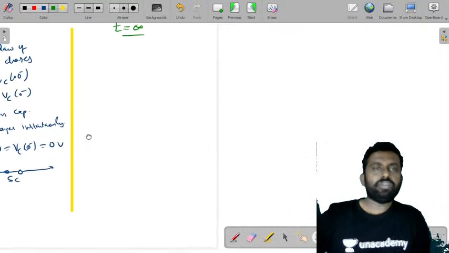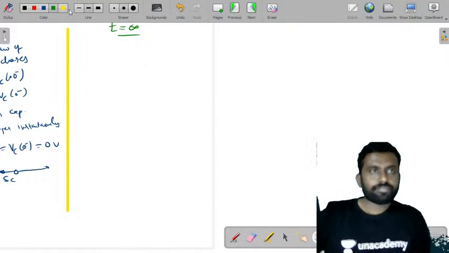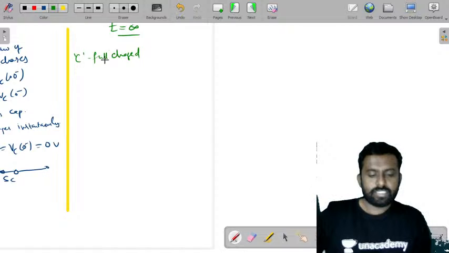Now at t is equal to infinity, let's say the capacitor is fully charged. If the capacitor is fully charged, Vc of infinity is a constant value.